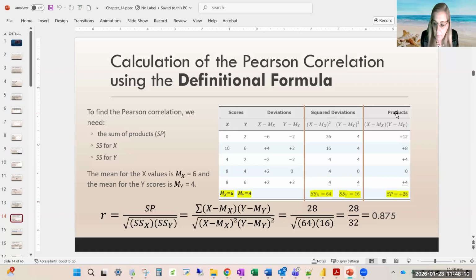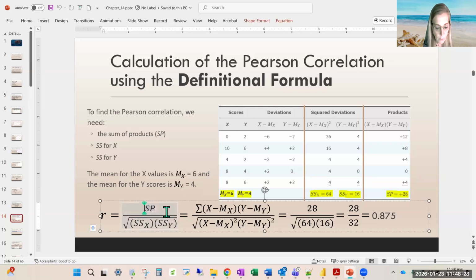And then the last step is to multiply these two columns here. And here you can see how we arrived at that. So let's see. Then once you have your values, you can plug them into your formula. Remember, here's the formula.